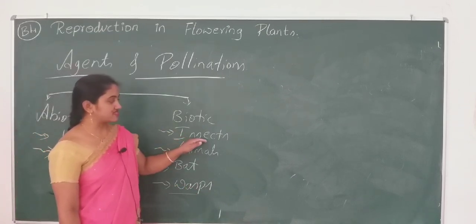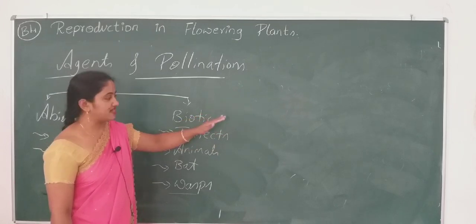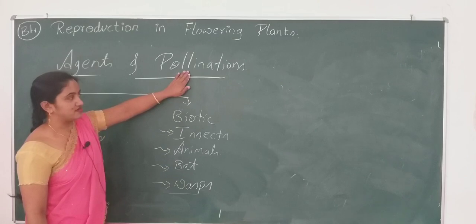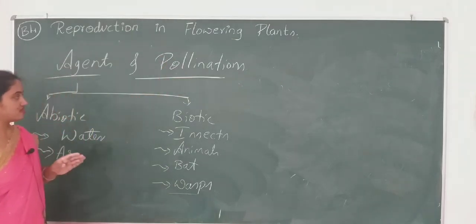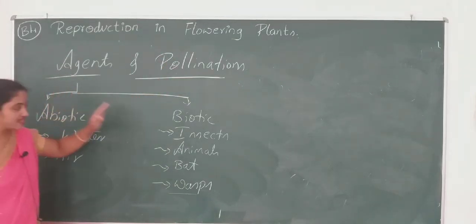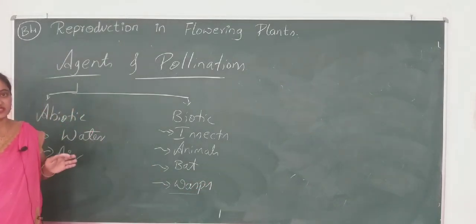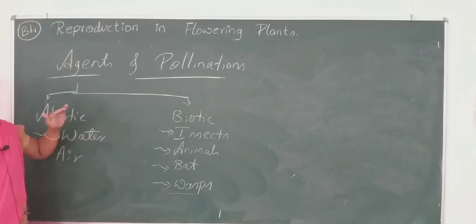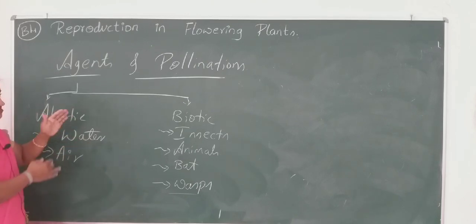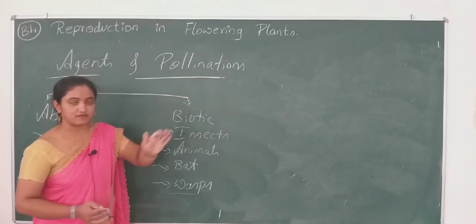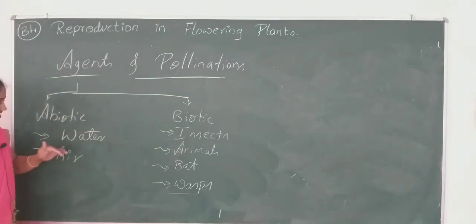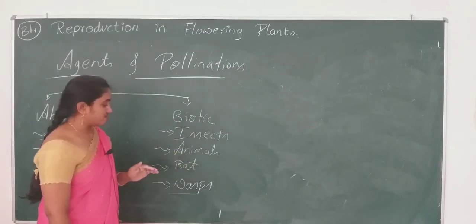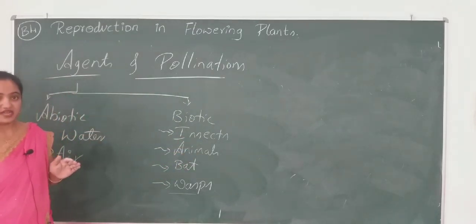Insects like, as you know, honeybees, are all agents for pollination. So in this session, I'll stop at the agents of pollination. In the next session, we'll study how water plays an important role as a media to transfer pollen grain from one plant to another plant, and how air helps in pollination, and insects, animals, bats, wasps, everything in detail. Thank you.